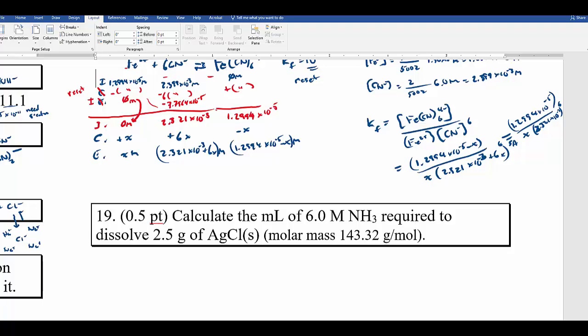Okay, divided by 1 times 10 to the 37. And I get 8.31. X equals 8.31 times 10 to the minus 27.